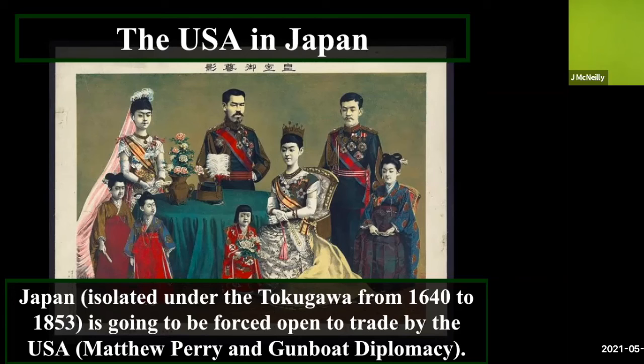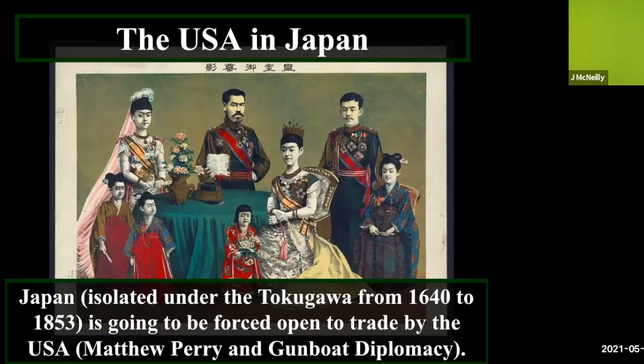Then they're going to invade China in the Sino-Japanese War, Sino being spelled S-I-N-O. That war was in 1895, and like with the Russo-Japanese War, the Japanese are also going to be successful. This is going to lead to some problematic behavior in World War II with the invasion of China, like we talked about before with the Rape of Nanking.